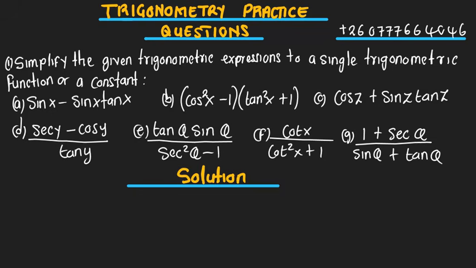They're saying simplify the given trigonometric expressions to a single trigonometric function or a constant, right? Then the first question is simply A. This is going to be sine x minus sine x tan x.